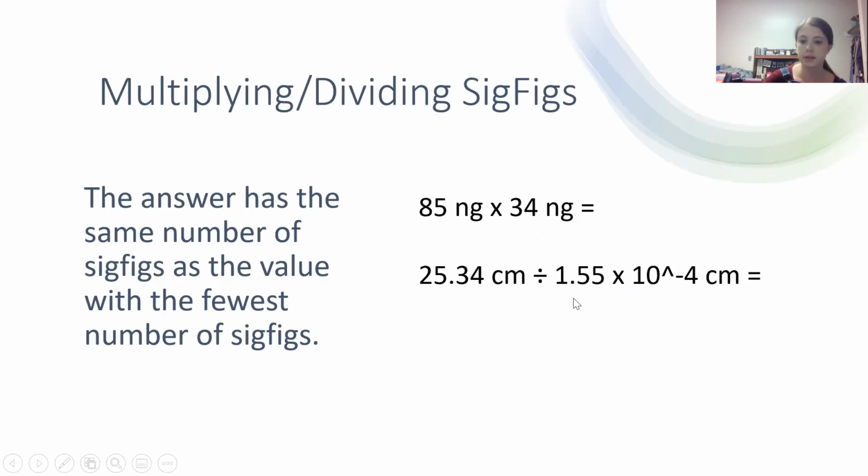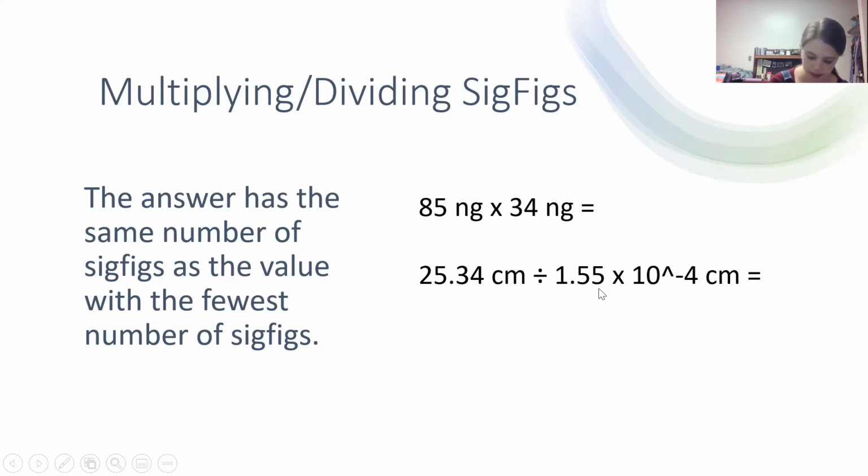And then with this one, we will divide 25.34 by 1.55 times 10 to the negative 4. So that equals 163,483.871. And it's helpful to move this into scientific notation because we know here from this one that we can only have 3 SigFigs in our answer.